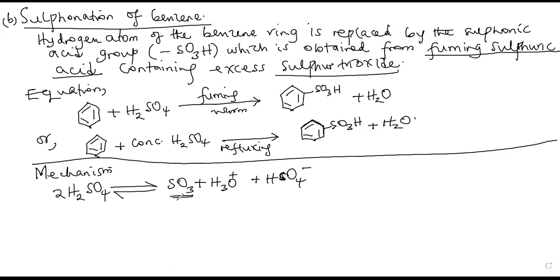So what happens is that you have your benzene ring. Then we bring our sulfur trioxide. As we have seen, the pi system is rich in electrons, and the sulfur trioxide is electron deficient, so it will be attacked, and this bond will get off.